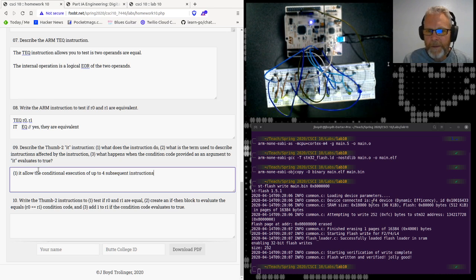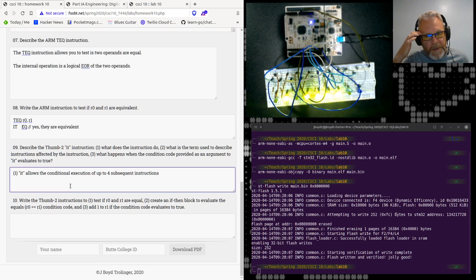The IT instruction allows the conditional execution of up to 4 subsequent instructions.